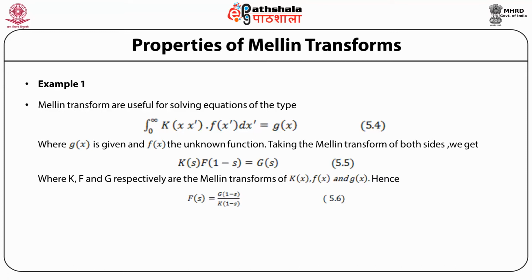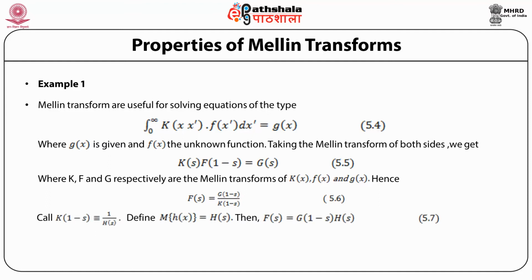From this, we obtain F(s) equals G(1 minus s) divided by K(1 minus s). This is easily obtained from equation 5.5 by defining a new s equal to 1 minus s.